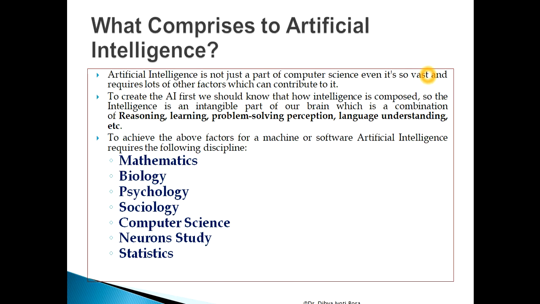Now, secondly, or I can say most importantly, what are the different domains that actually comprise artificial intelligence? Frankly speaking, artificial intelligence is not just a part of computer science. It's so vast and requires a lot of other factors which contribute to it. So we cannot say that AI is just a part of computer science because it comprises different other areas.